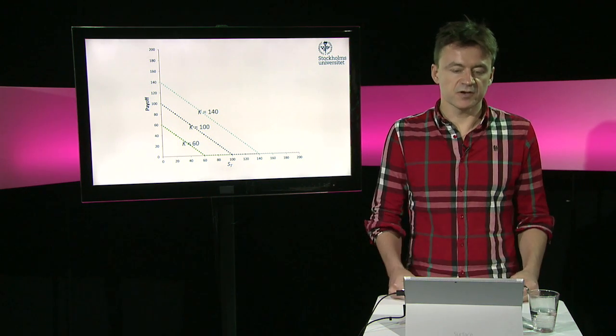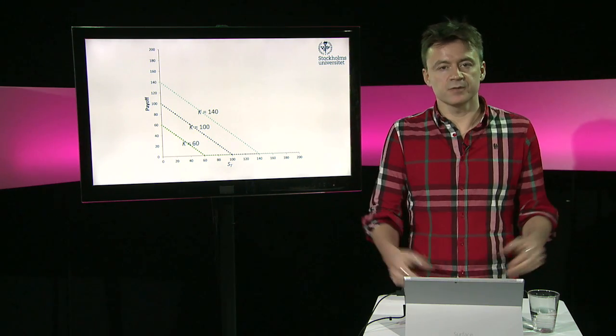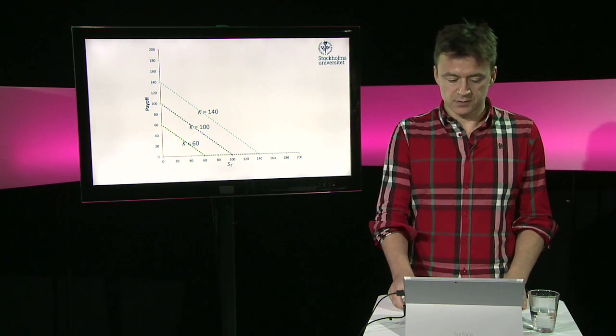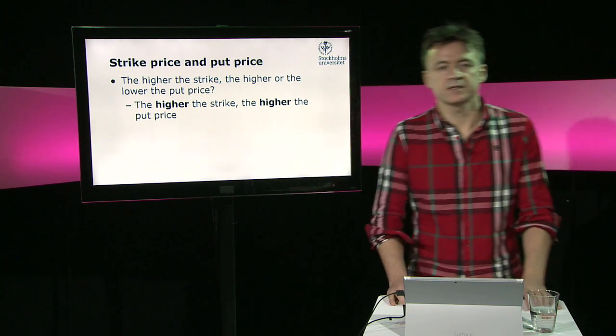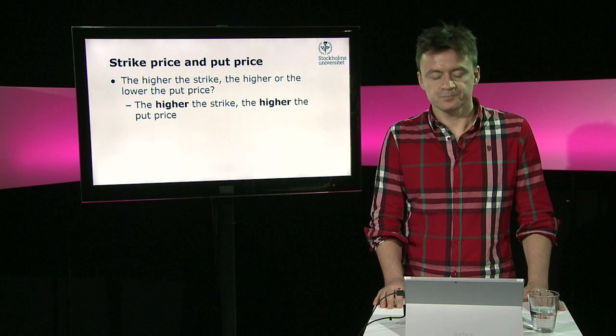Extending this argument to any other put option, we find that the higher the strike, the larger the payoffs will always be than options with a lower strike. We find that the higher the strike, the higher the put price should be.